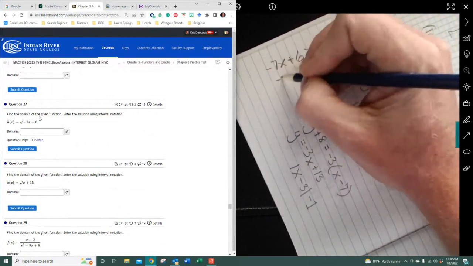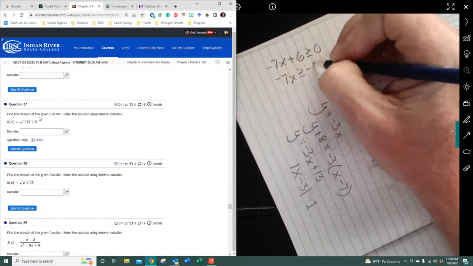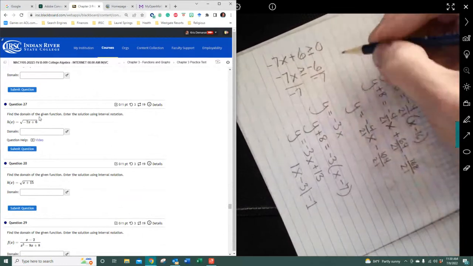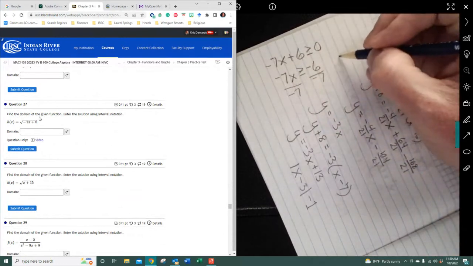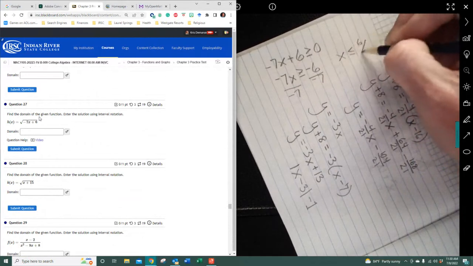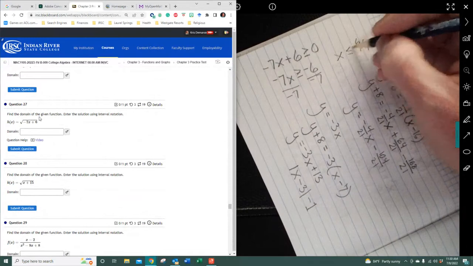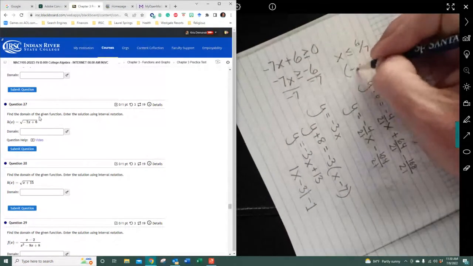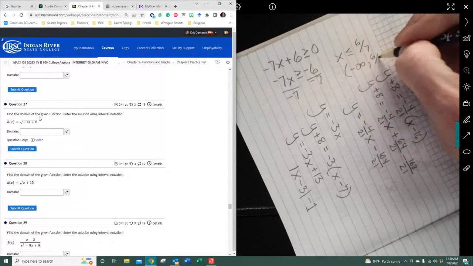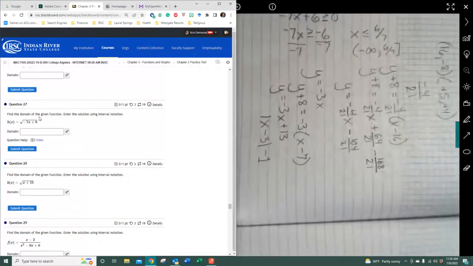So solving for that, we get x is less than or equal to positive 6/7. Since x is less than, it would be from negative infinity all the way up until 6/7 inclusive. So that's the answer we're looking for.